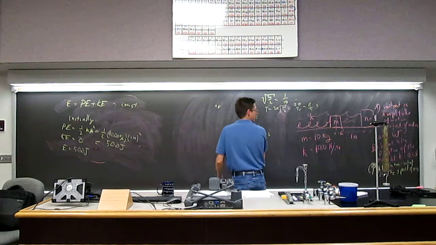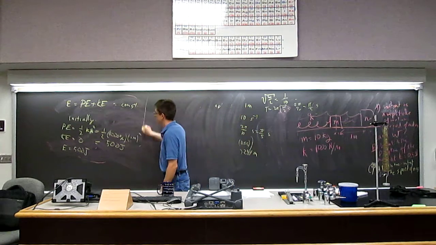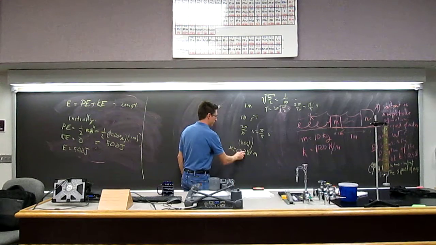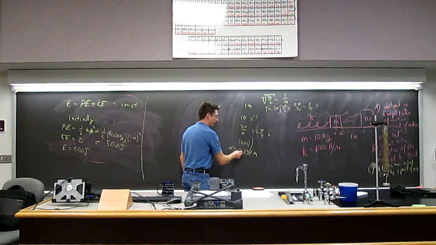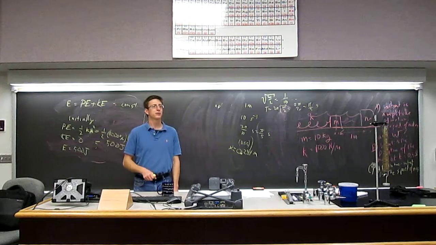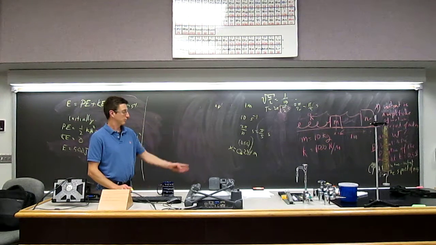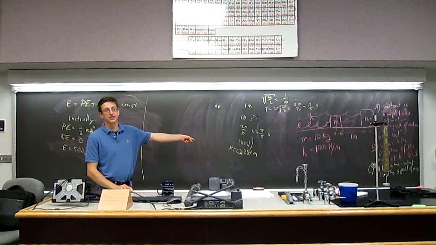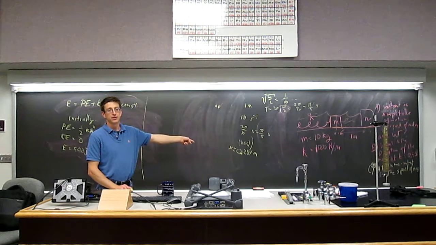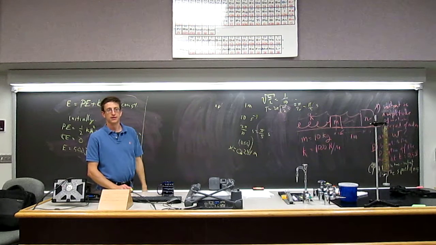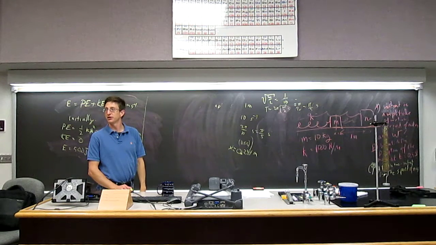So when x is equal to 0.284 meters, I know the total energy is still 500 joules. I know the potential energy because I know the distance, so I also know the kinetic energy. So I can get the speed.